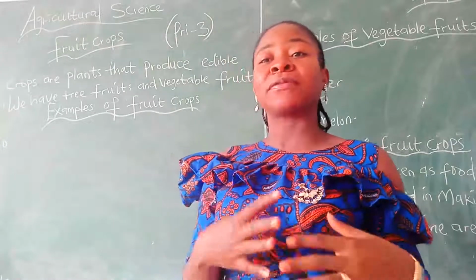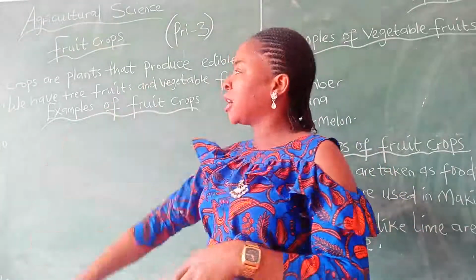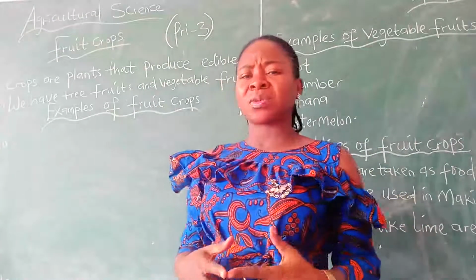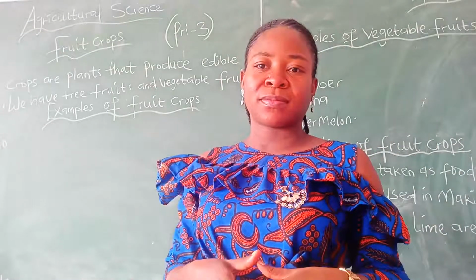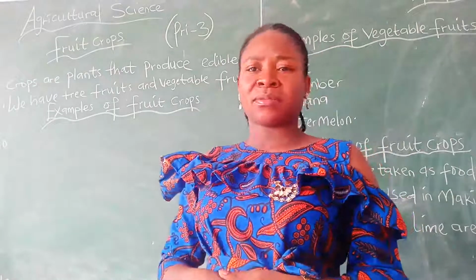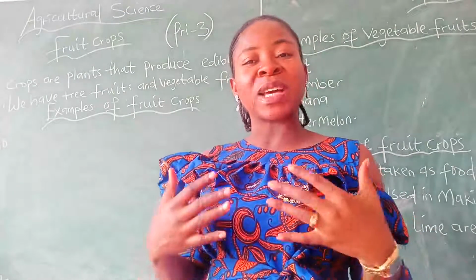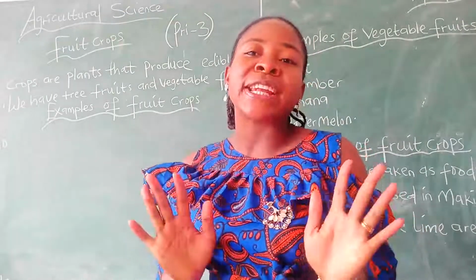Alright, back to our topic today. We say that we have fruit crops. It's written on the board. What are fruit crops? We say that fruit crops are plants that produce edible fruits. Now, this is primary 3, and I know that most of us may be asking, what is edible?